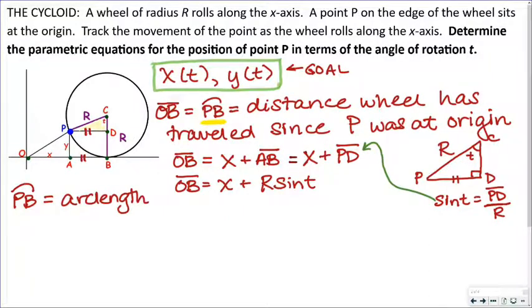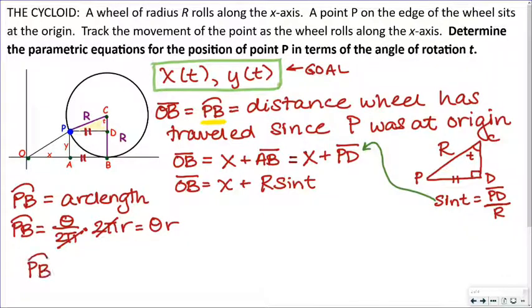And I know that arc length PB is some angle over 2 pi times circumference, or times 2 pi r, which is a fraction of the circumference, which really means it's going to be the angle times the radius. But the central angle corresponding to that arc, we are calling angle T.